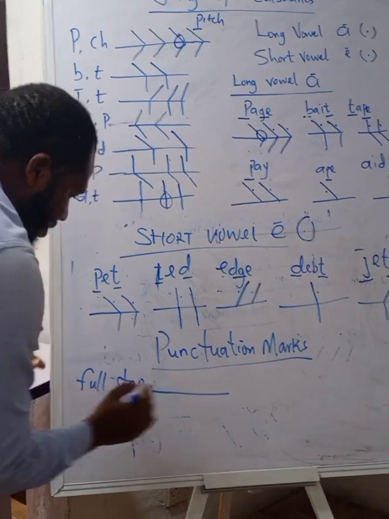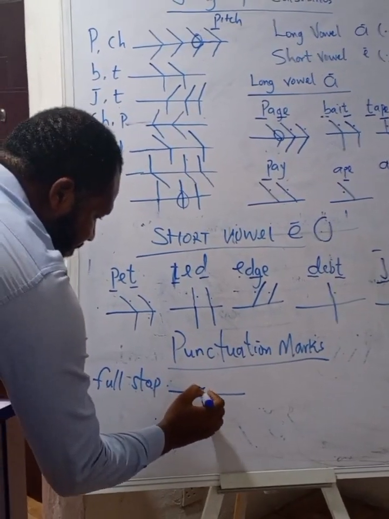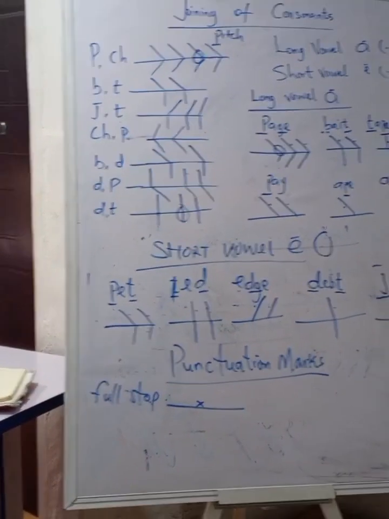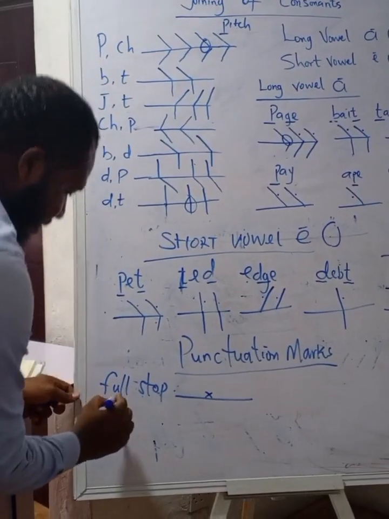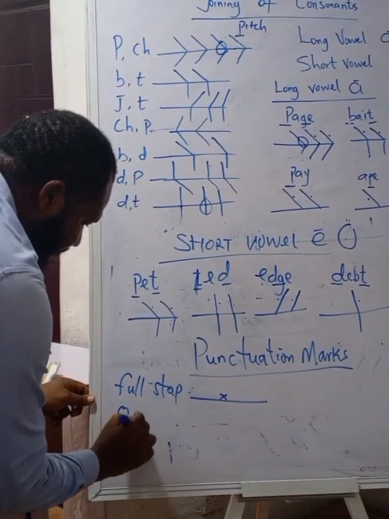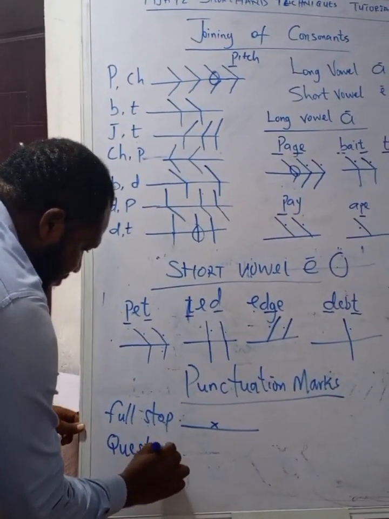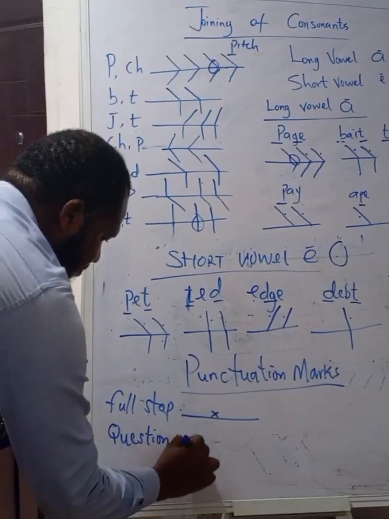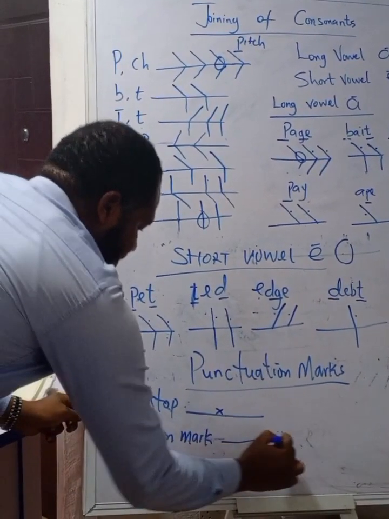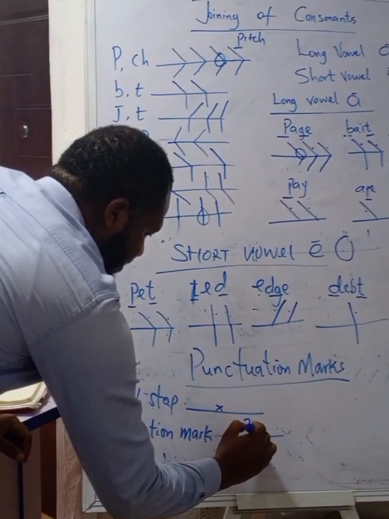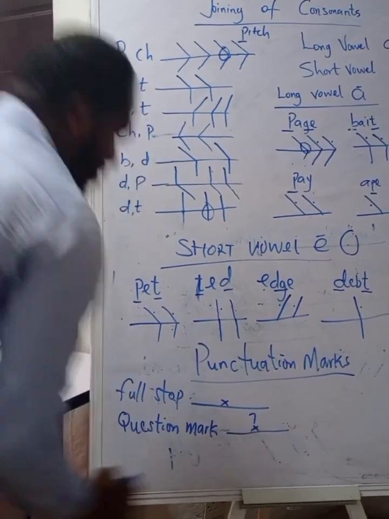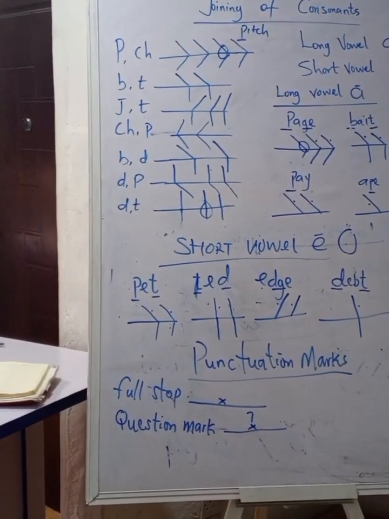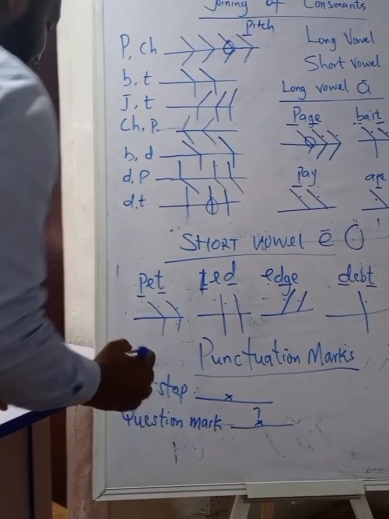A full stop is represented with something that looks like a times sign. So whenever you are transcribing and you have a full stop, you are going to put this. Then we have the second one, which is the question mark. The normal question mark, then you have the full stop under it. So this is how to represent a question mark.